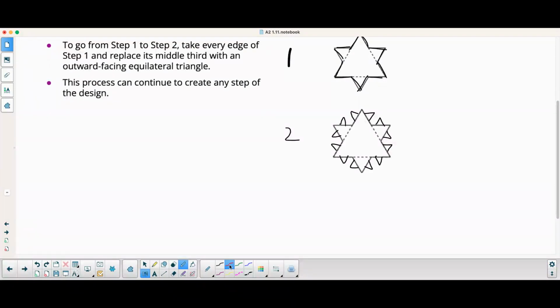Start here, 1, 2, 3, 4, 5, 6, 7, 8, 9, 10, 11, 12, 13, 14. I ended up getting 48 when I counted them up.